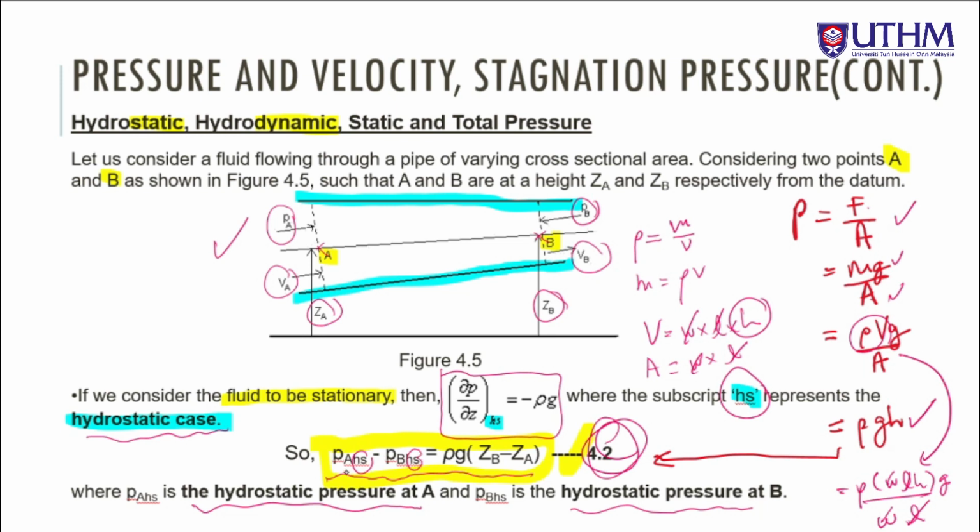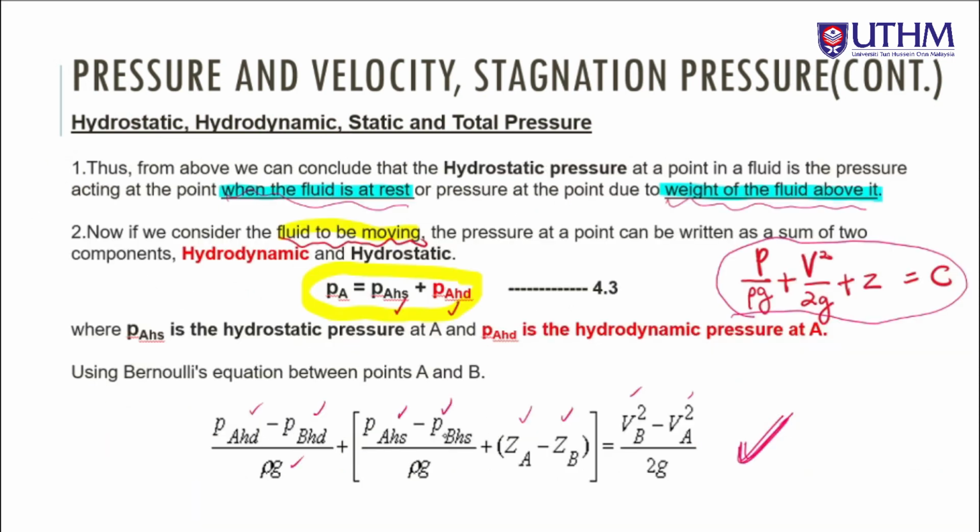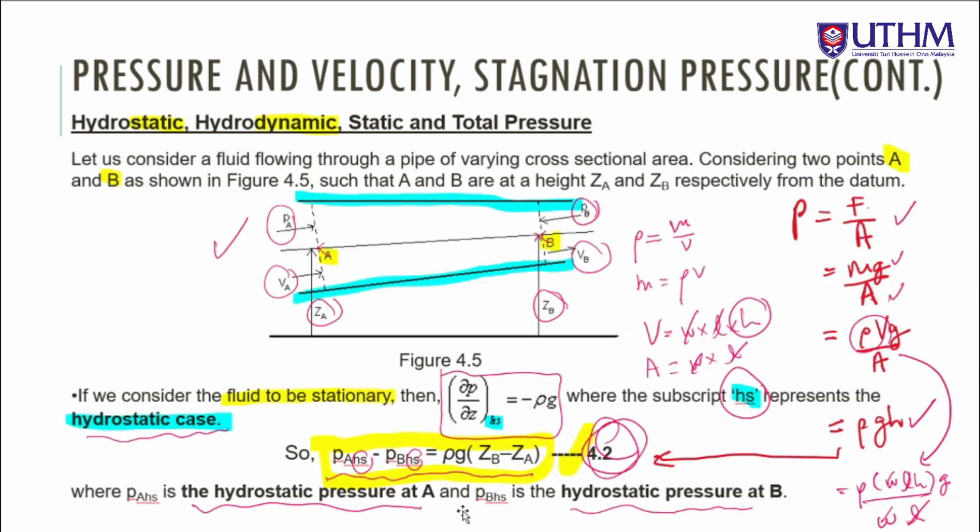PA HS minus PB HS equals to rho G ZB minus ZA. Okay. So from equation 4.2, the term within the square bracket cancel each other out. So maksud dia, kat kawasan ni kita boleh potong disebabkan based on this equation.